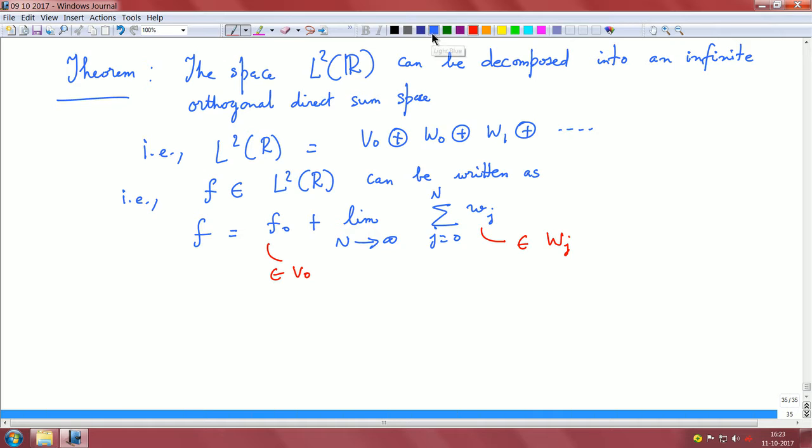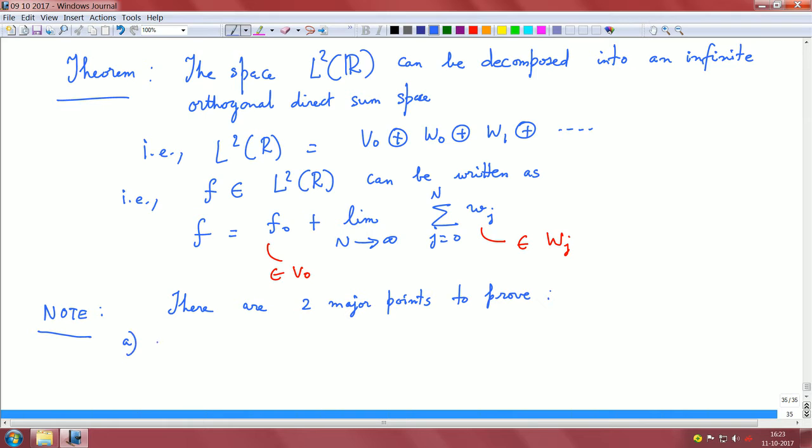So, I will tell you what is the difficulty in the proof of this result. There are two major points one needs to really establish.